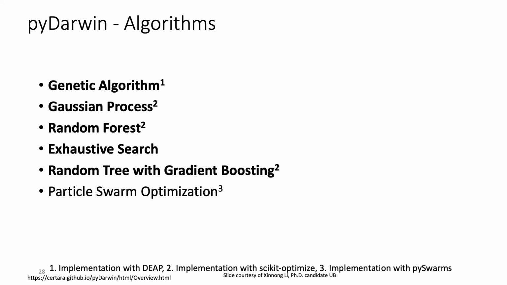So what are the algorithms implemented in pyDarwin? Well, there's the genetic algorithm, Gaussian process / Bayesian optimization, a random forest algorithm, a random tree with gradient boosting, a particle swarm optimization, and also an exhaustive search option.